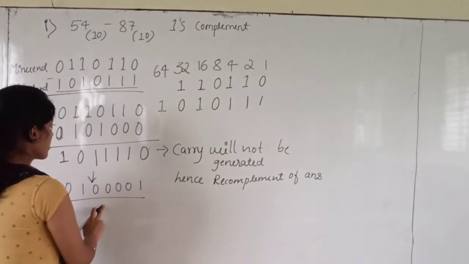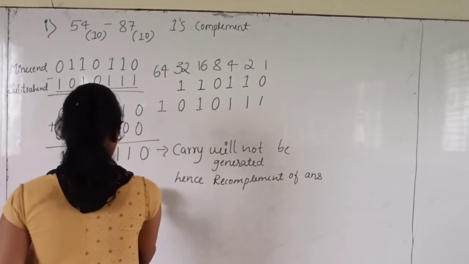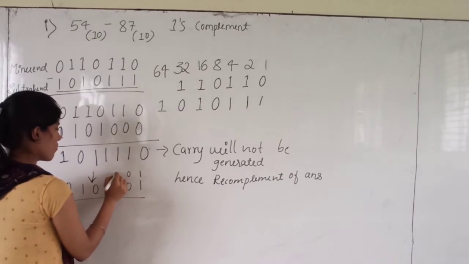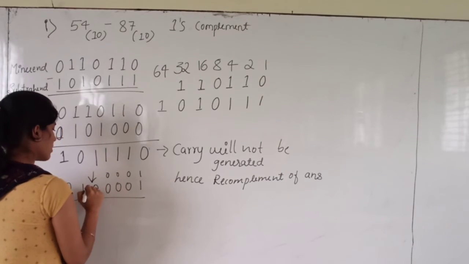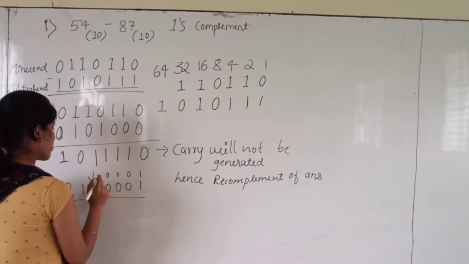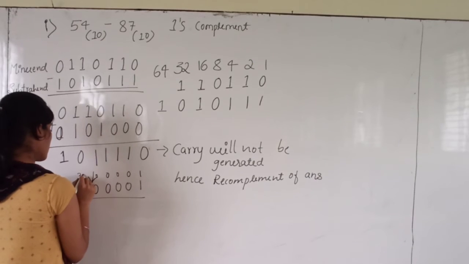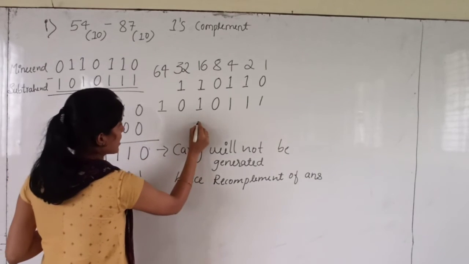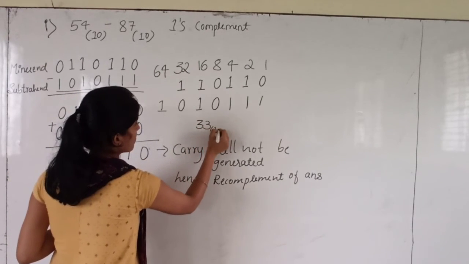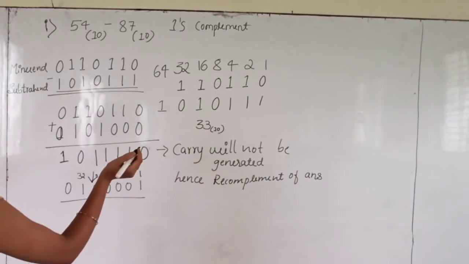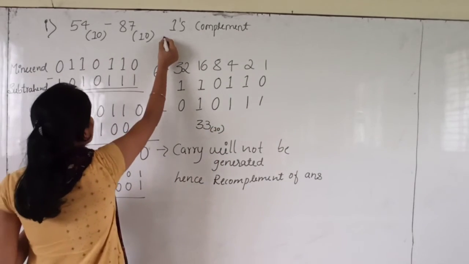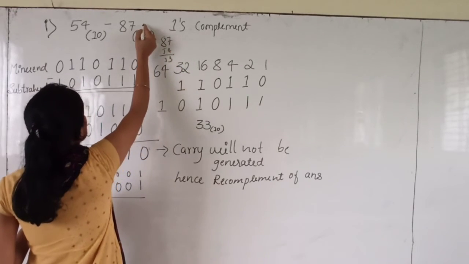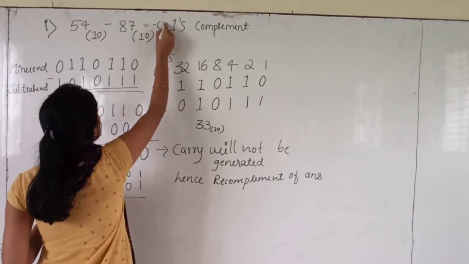Just check its equivalent decimal number. The 2nd position is 0, the 4th is 0, the 8th is 0, the 16th is 0, and the 32nd position is 1, so 32 plus 1 is 33. Just cross check it: 54 minus 87 is minus 33.